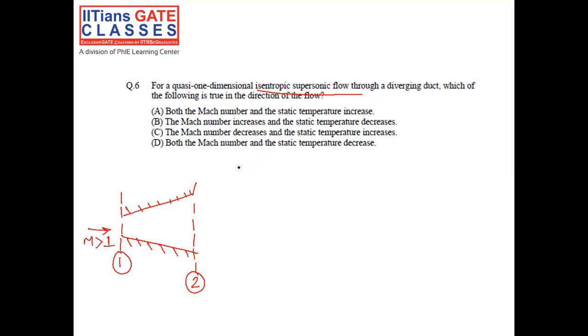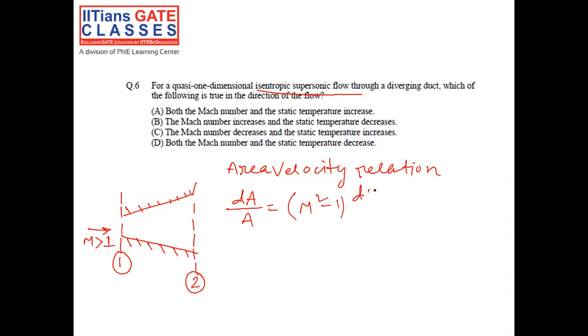So we know the area velocity relation for flow in a converging or diverging duct is dA by A equal to (M square minus 1) du by u. Now for a diverging duct, dA is positive.